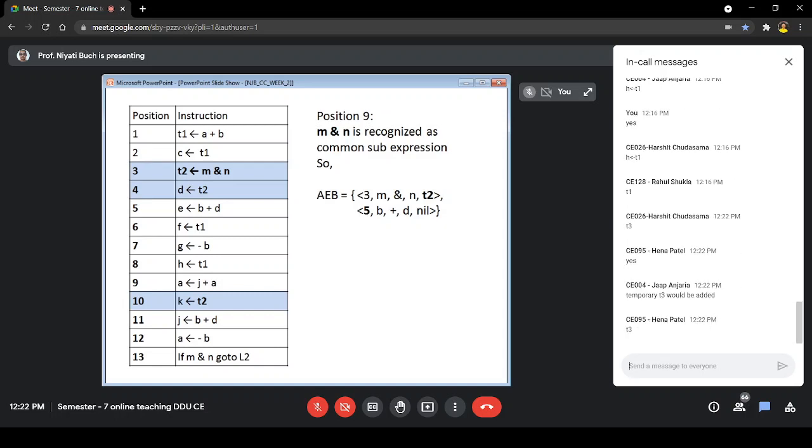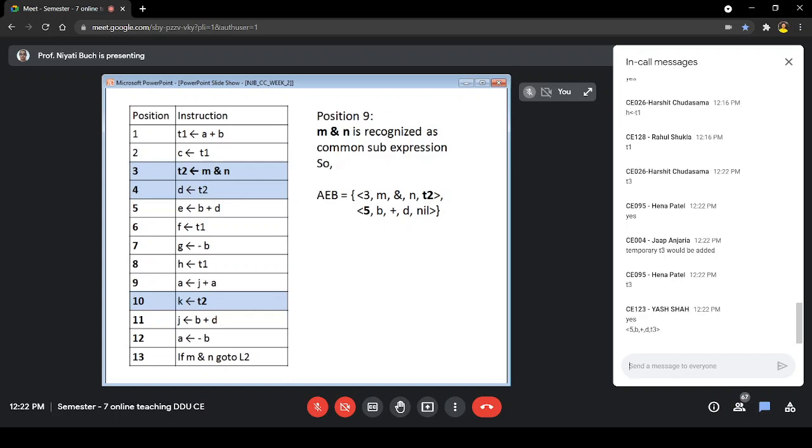And that will be T3. What else to do? Yes, correct. Yash has taken the effort and typed the whole quintuple for us: phi, B, plus, D, T3, correct. Will there be a change in any of the instructions? Then you have to tell me at what position and what change.